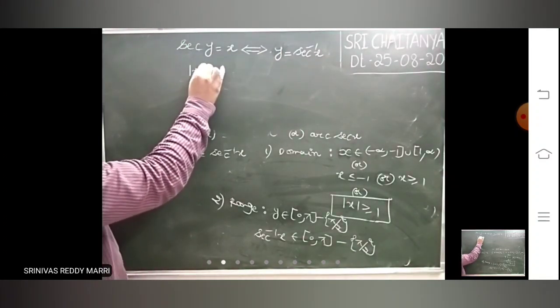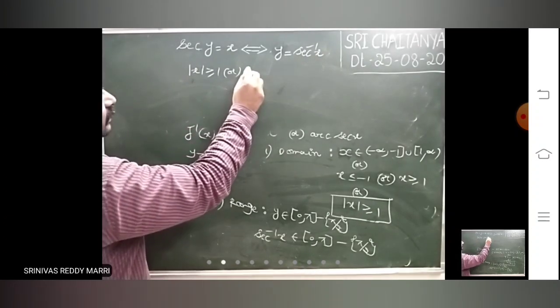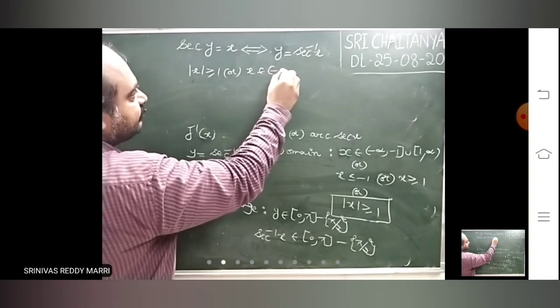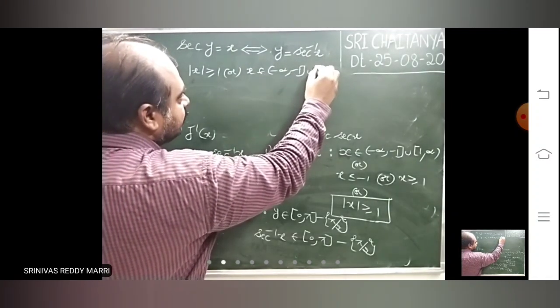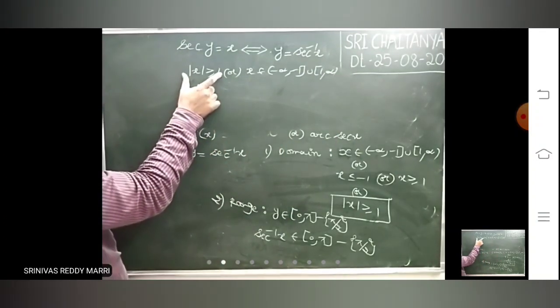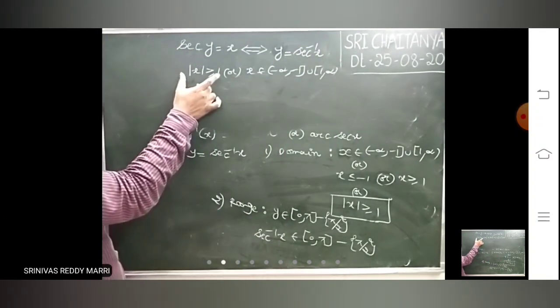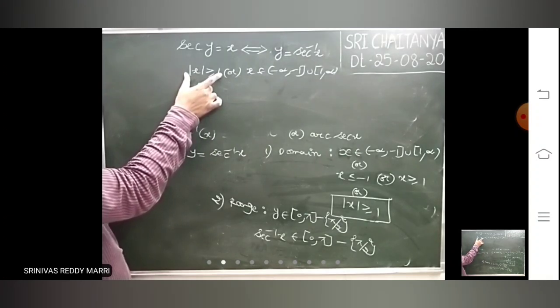So here modulus x must be greater than or equal to 1, or x must be in minus infinity comma minus 1 union 1 comma infinity. X must be like this or like this. It is easy to remember this: modulus x greater than or equal to 1.